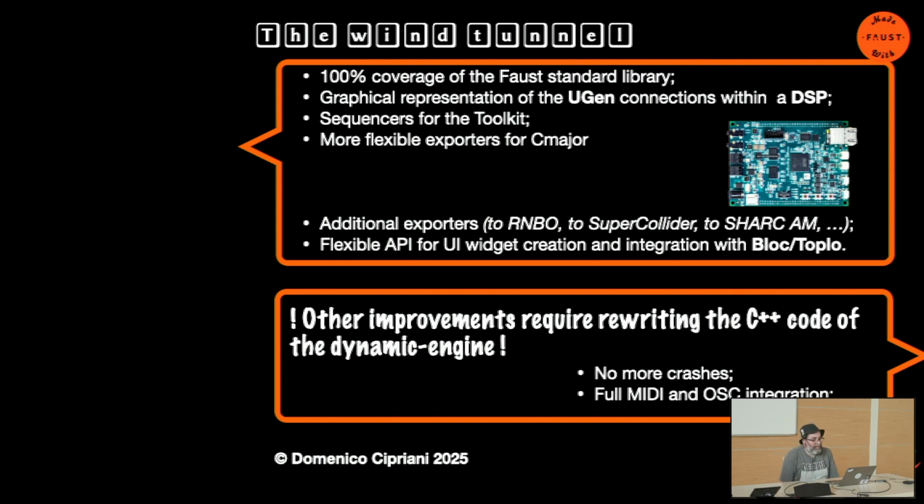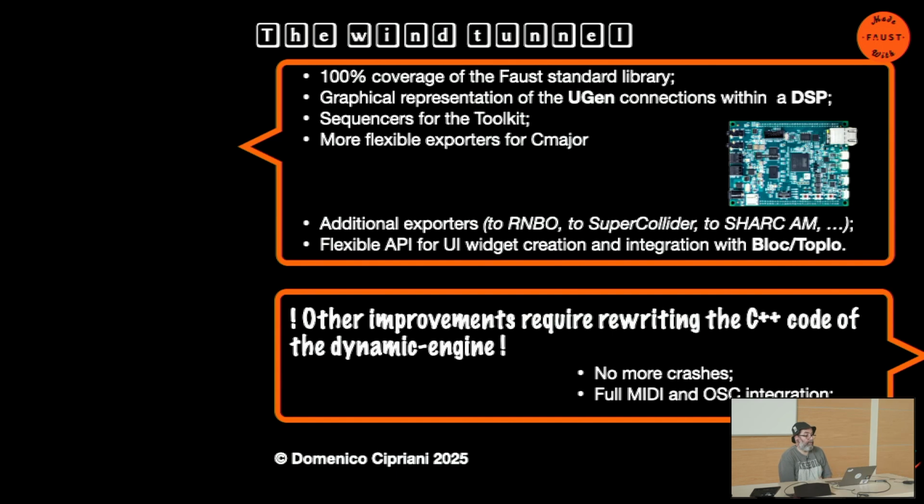So about what is happening in the future, we have to have the full coverage of the Faust standard library. We need everything that is there, that is possible to have there. Then we want to have a graphical representation of what you are creating inside the DSP, because now you create a DSP, you connect unit generators, but from your playground it is like a black box. You don't see what is connected with what, and so it's difficult to debug your DSP if the sound is not right.